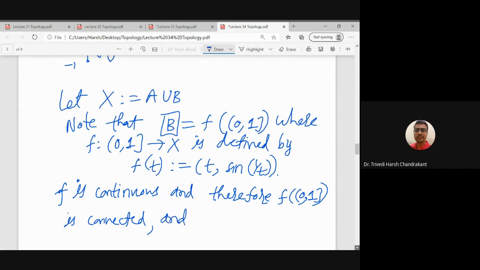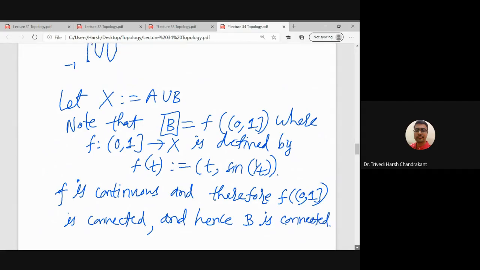This is B. So why is f of (0, 1] connected? Because the interval (0, 1] is a connected subspace of R. So therefore the continuous image of that connected space is connected, that is B.